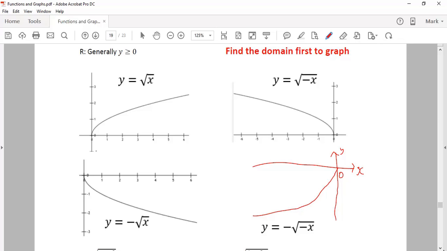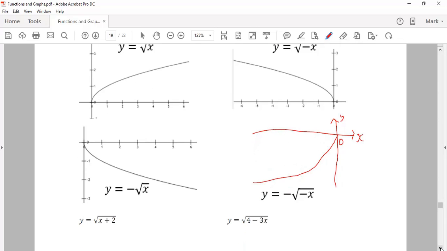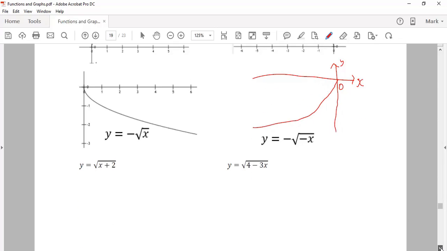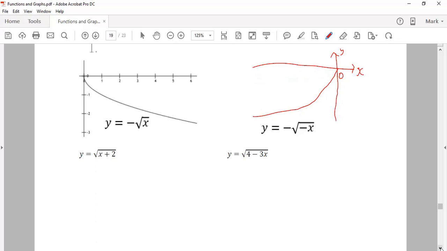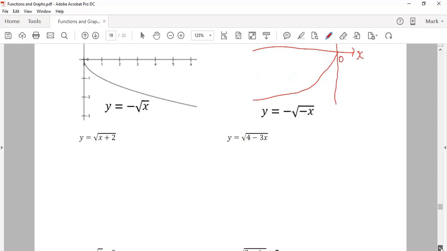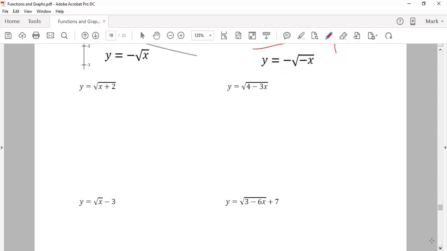Alright, so let's move on to graphing a few now. So y equals square root of x plus 2. So yeah, generally it helps to find the domain first, so we know that whatever's inside the square root has to be greater than 0. So you know x plus 2 greater than or equal to 0. So now x is greater than or equal to negative 2.